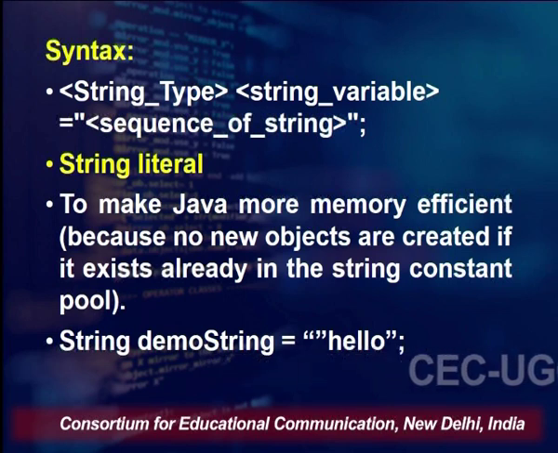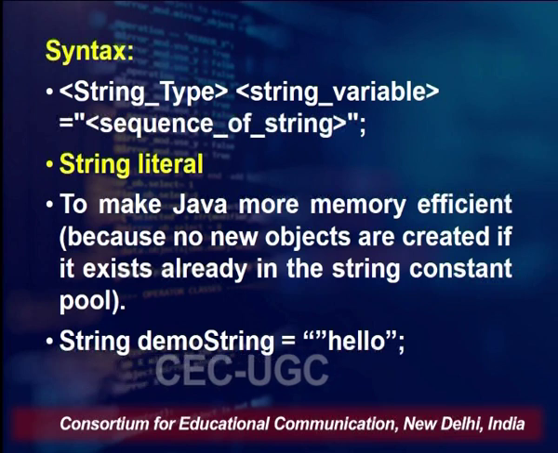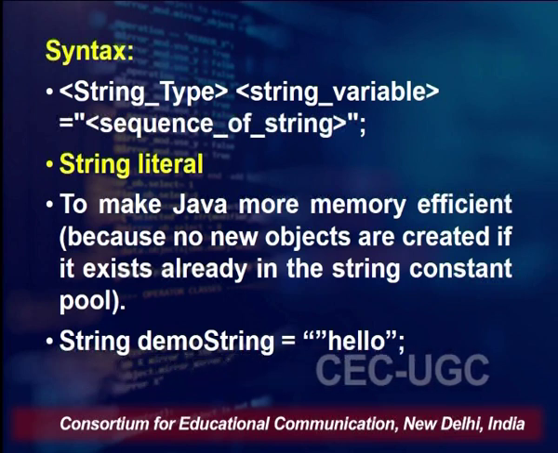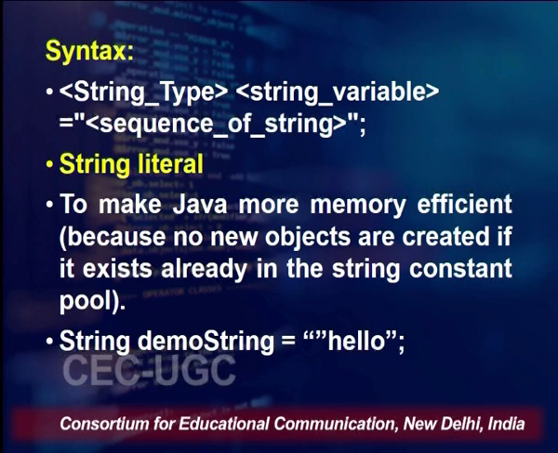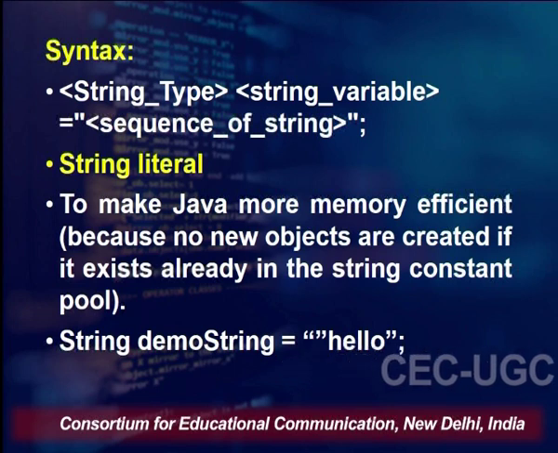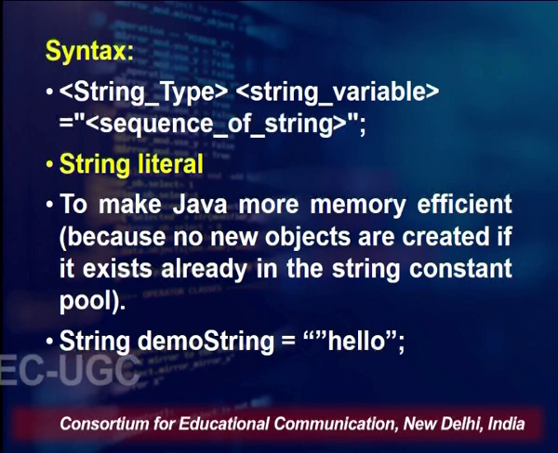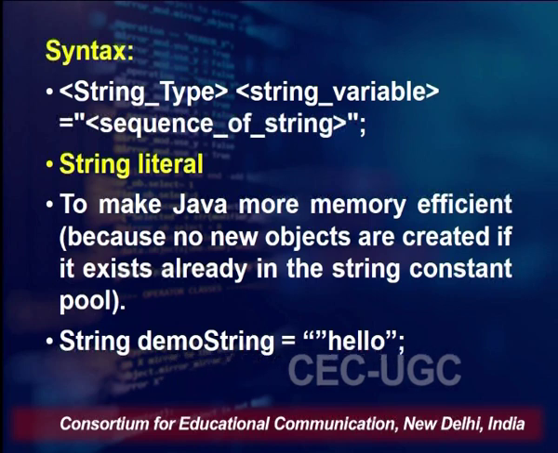Then what is the difference between these two ways? The difference lies in how these are actually created in memory in case of string literals and in case of using the new keyword. So, if I use it this way, String, then a variable name demoString equals, and whatever sequence of characters you want to store, here actually no new objects are being created.